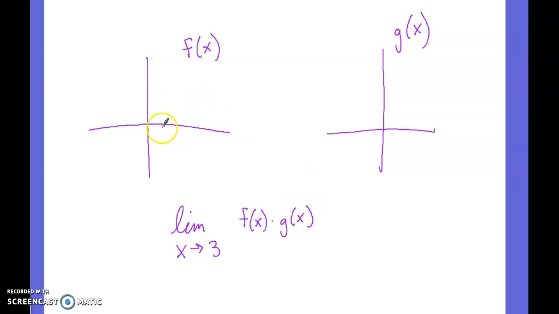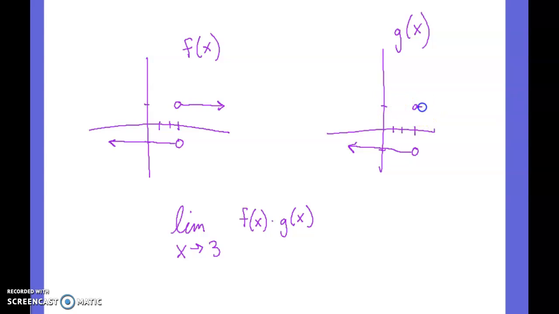And maybe I make f of x be the function defined like this, and this function. And maybe I'll make it the exact same function for f and g.